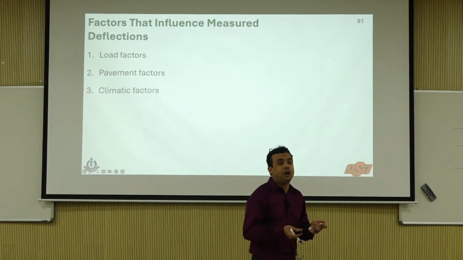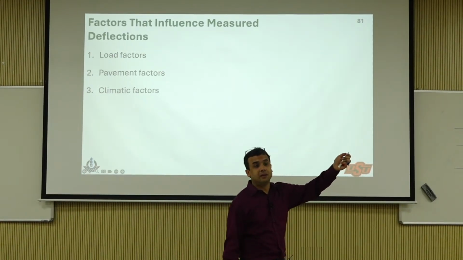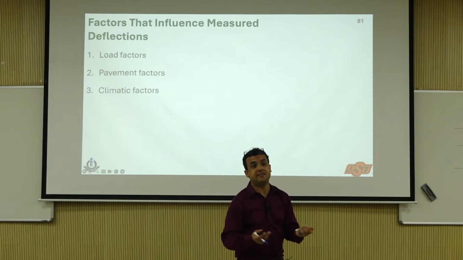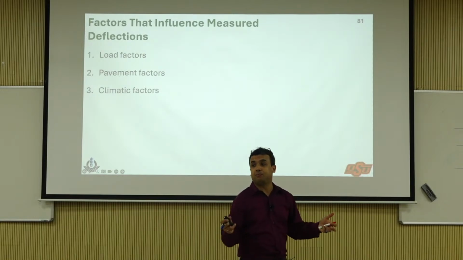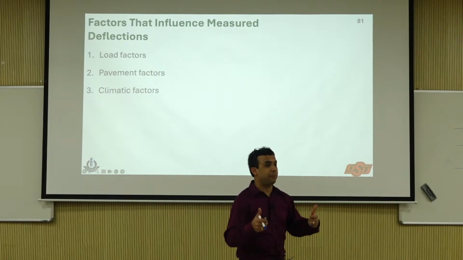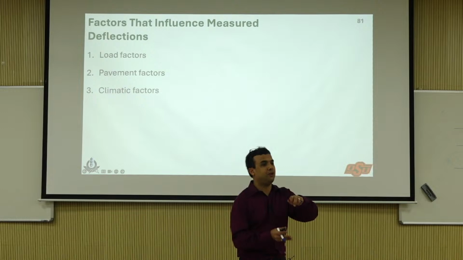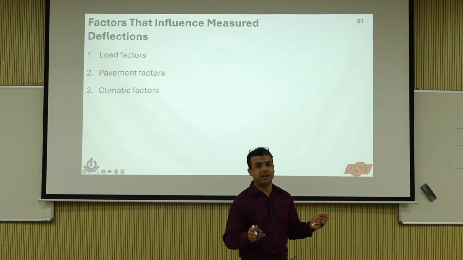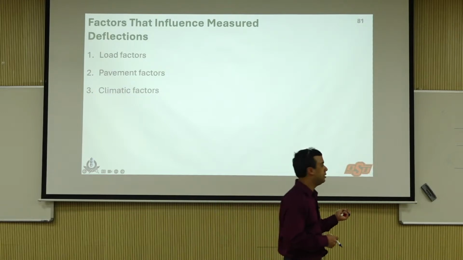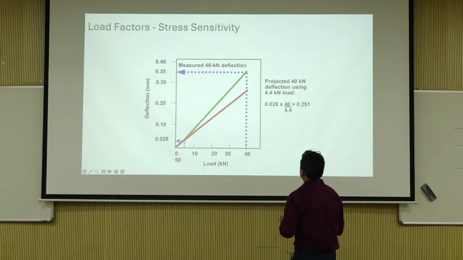Or if you go to a cold place where freeze thaw happens, you test in December, January, the subgrade is pretty much frozen, and your system looks amazing. But then you go in spring, it is thawed and full of water, and it looks like trash. So you have to worry about climatic factors as well.